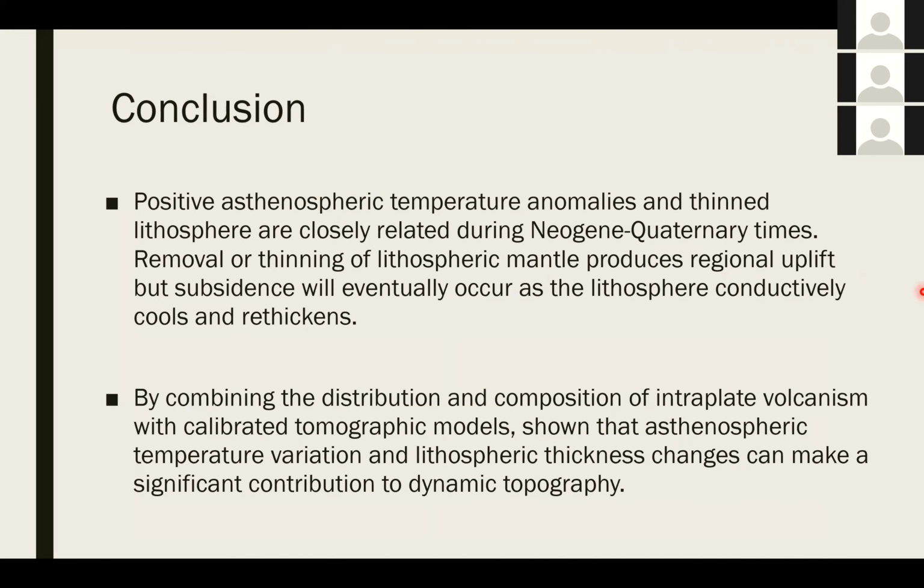And the conclusion is that the positive asthenospheric temperature anomalies and the thin lithosphere are closely related during the Neogene in the continental areas. The removal and thinning of lithospheric mantle produce regional uplift, but subsidence will eventually occur as the lithosphere conductively cools and rethickens.